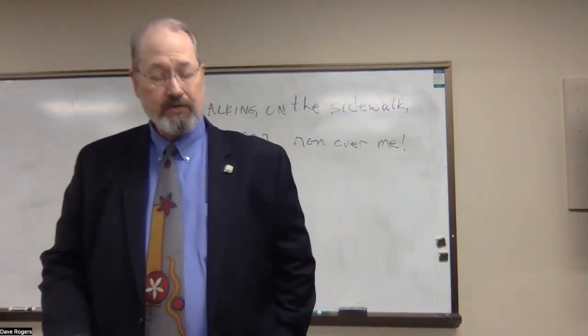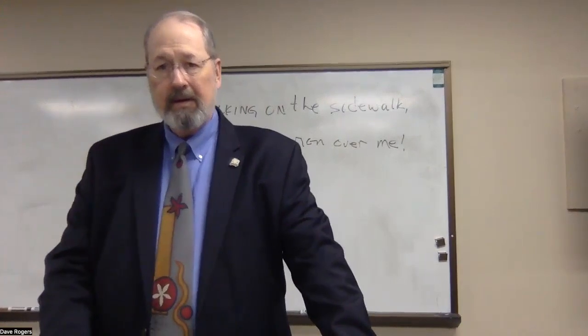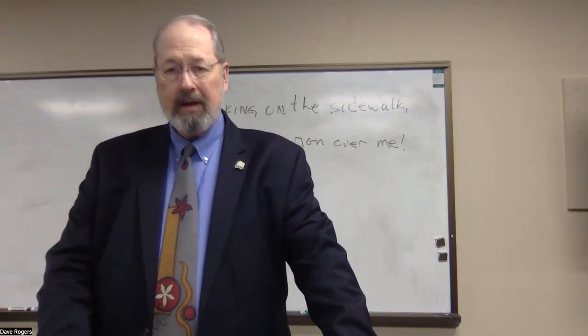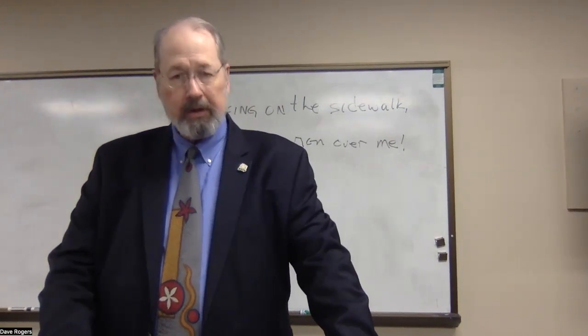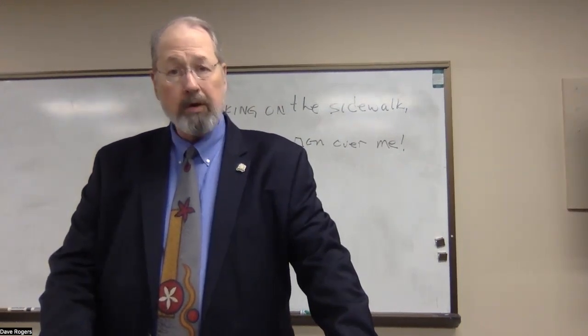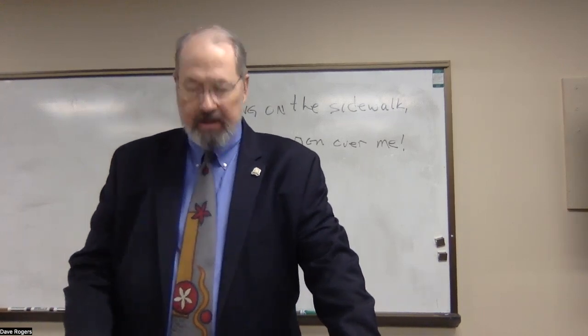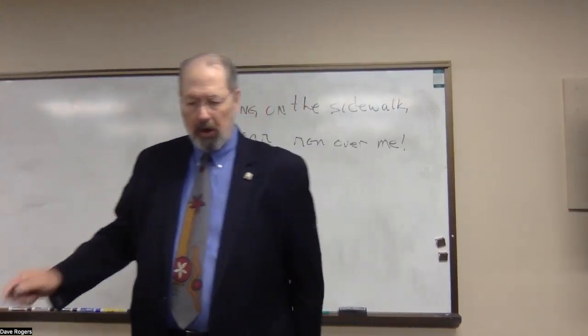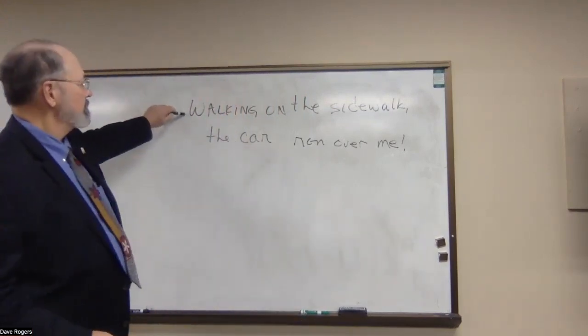And yet the way it's structured, it doesn't make sense. It would lead you to believe that the car was walking on the sidewalk. When the subject of the main clause is not the doer of the action that's indicated in this verbal phrase.